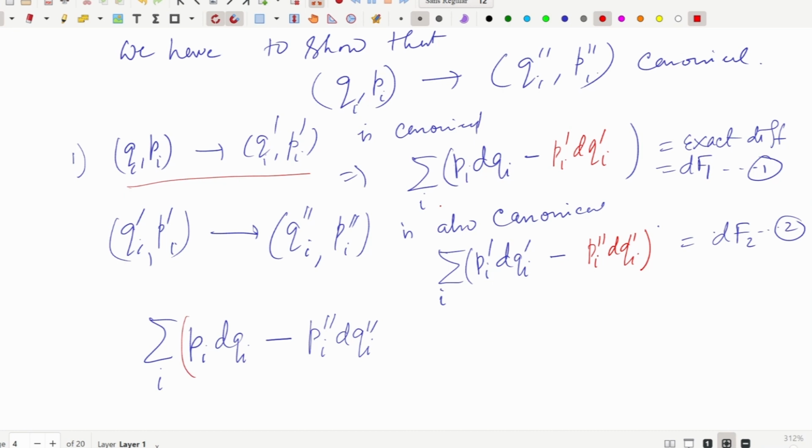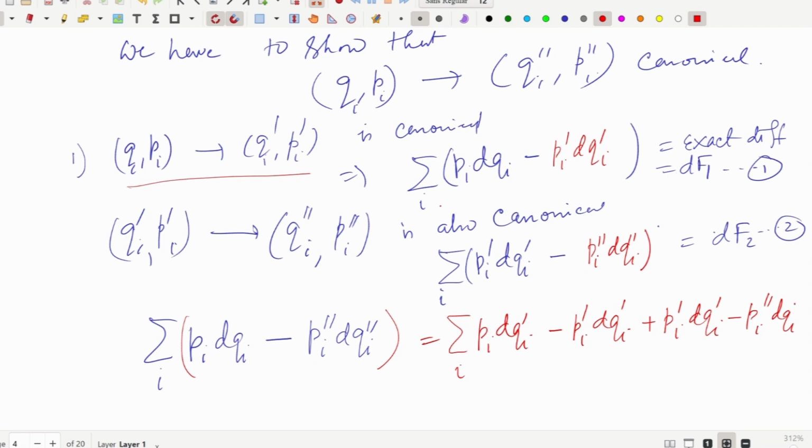Now we are looking at whether this term is an exact differentiation, then we can consider that directly from (qi, pi) to (Qi'', Pi'') will be canonical. So this we can write as sum over i of Pi dqi minus Pi' dQi' plus Pi' dQi' minus Pi'' dQi''.